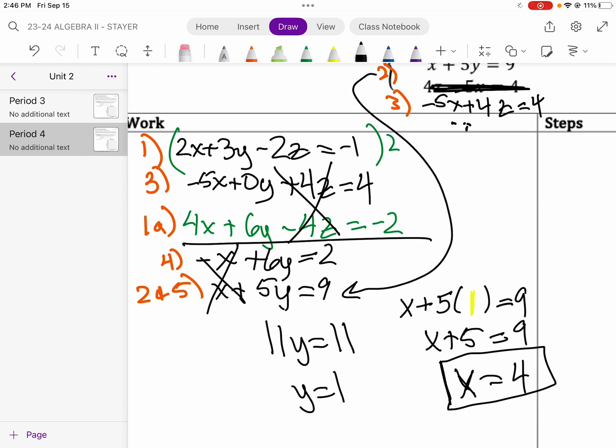Well, we've got 2 of them. What's an equation that has a 4, a 1, and also another letter? Dakota? Number 1.